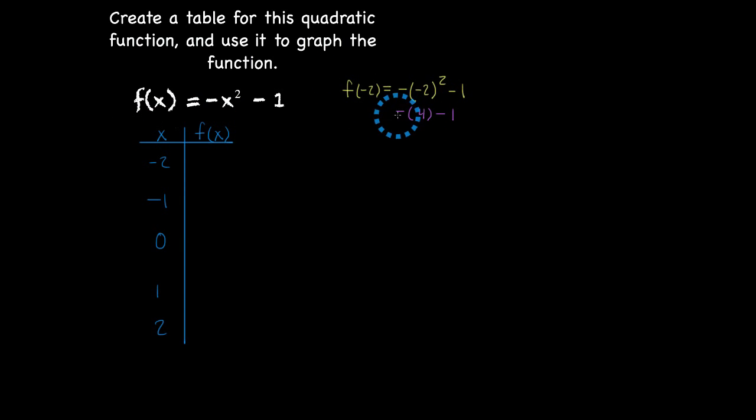So now I basically have negative 1 times 4, which gives me negative 4 minus 1. So f of negative 2 is equal to negative 4 take away 1 leaves you with negative 5. So we have negative 5 here, and let's box that up.